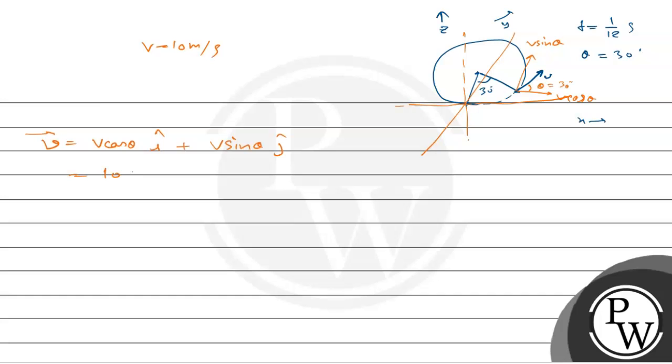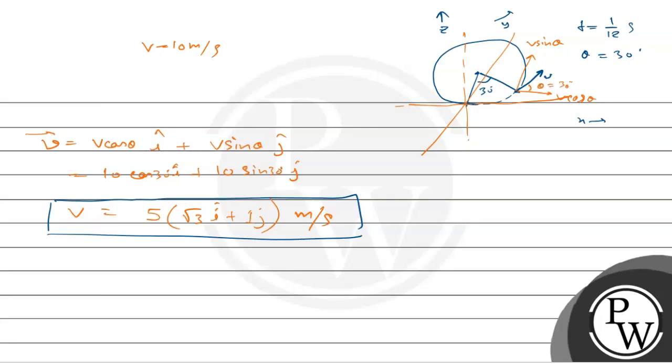So 10 into cos 30 degree i cap plus 10 sin 30 degree j cap, that is equals to 5 root 3 i cap plus 5 j cap, and that is meter per second, right? So our velocity after t equals to 1 by 12 second is 5 into root 3 i cap plus 5 j cap meter per second, right?